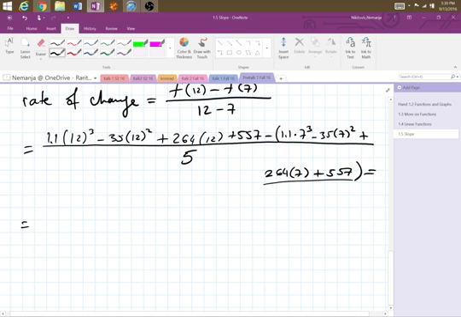What was it? 1.1 x cubed minus 35x squared plus 264x plus 557.